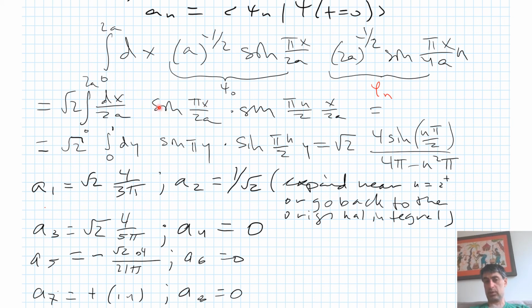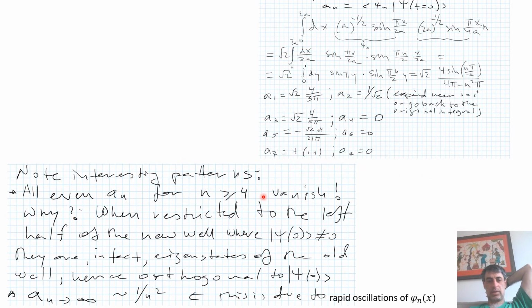It becomes an integral of sine squared. An integral of sine squared is 1/2. Right? That's another way to get this a2. But the formula is very nice because, as long as you know how to avoid 0 by 0, you're always better off using the general formula. Okay. Anyway, so there are interesting facts here.